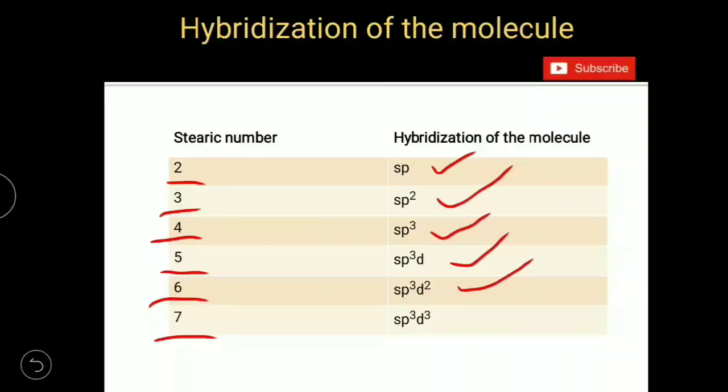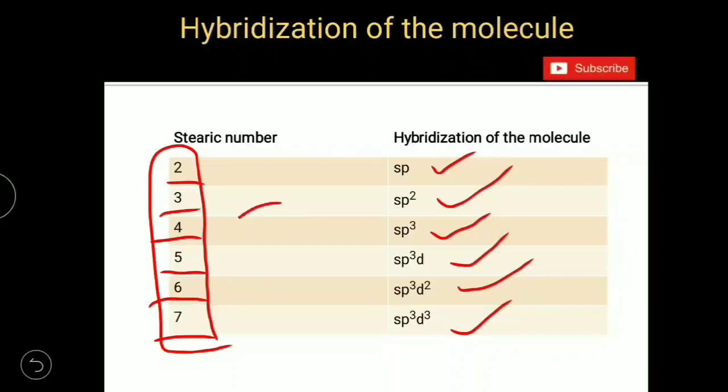Steric number 7, hybridization is sp3d3. So if you find out the steric number of the molecule, then it is easy to find out the hybridization of the molecule. And what is steric number? It is equal to sum of number of sigma bonds formed by central atom plus lone pair of electrons present in central atom.